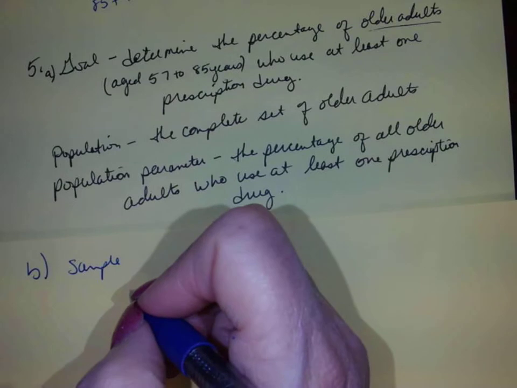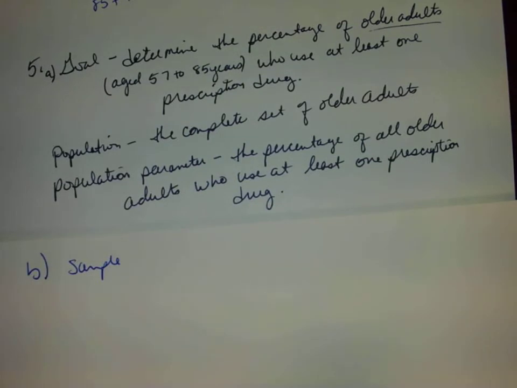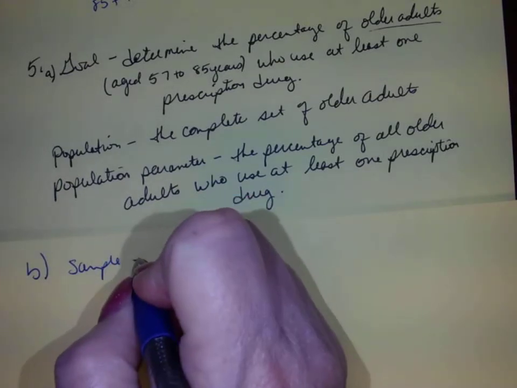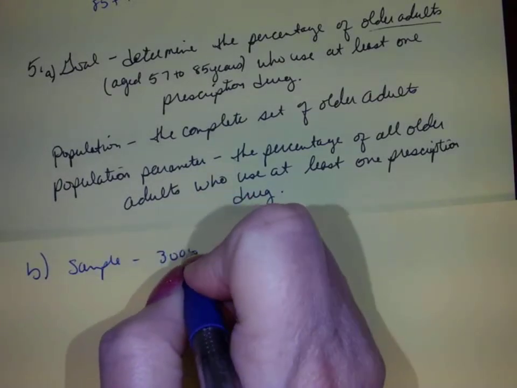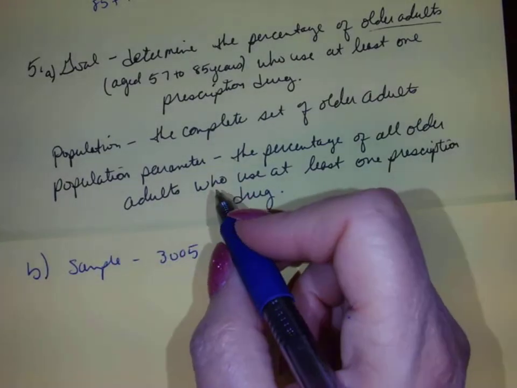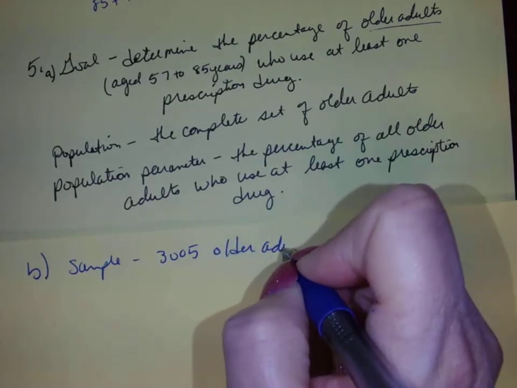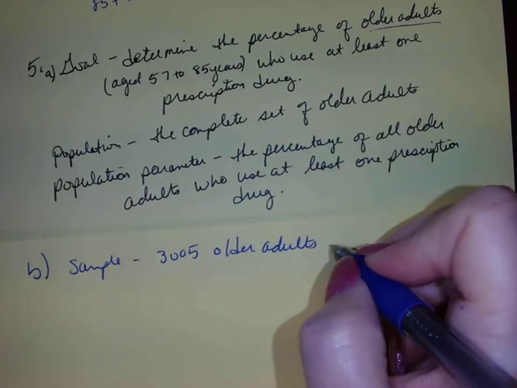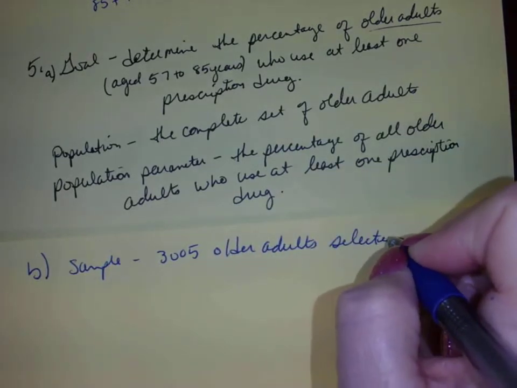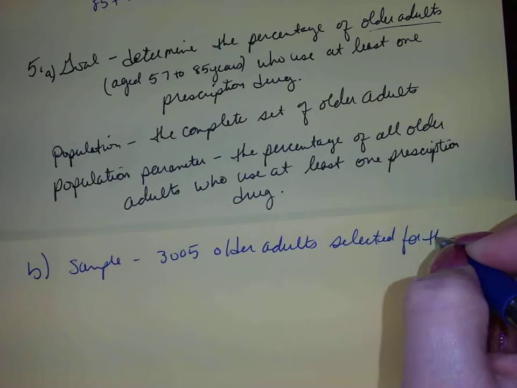Well, the sample was how many people were studied or selected, right? And it said that there were 3,005 older adults that were selected for the survey.